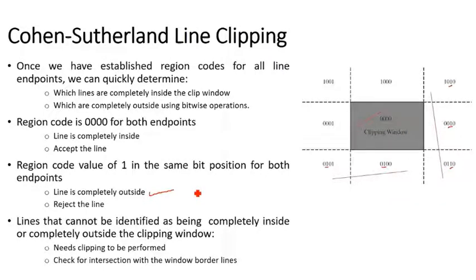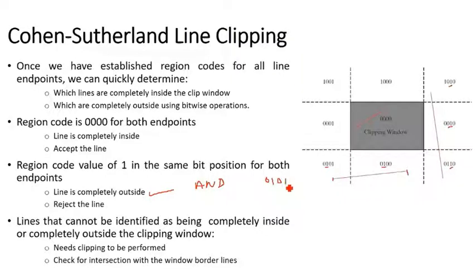So how do I determine that? To determine that, I take the endpoints of the line and I perform a bitwise AND operation. Now see, the outcode of this point is 0, 1, 0, 1.